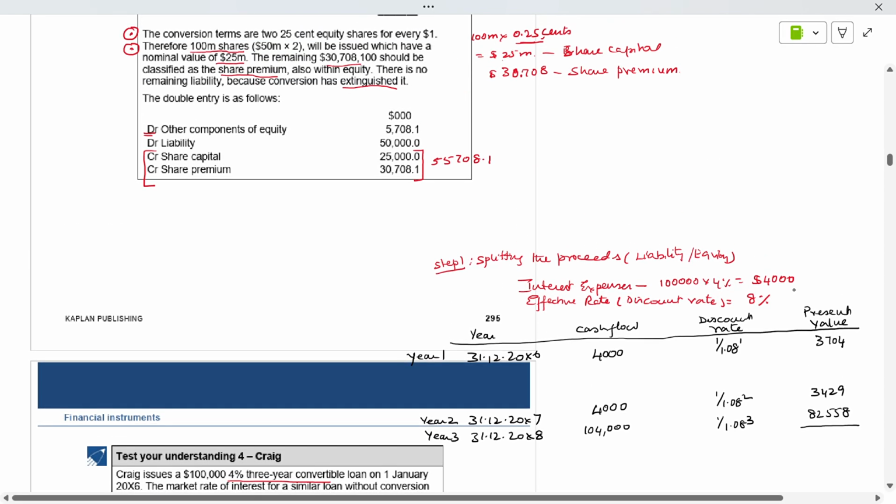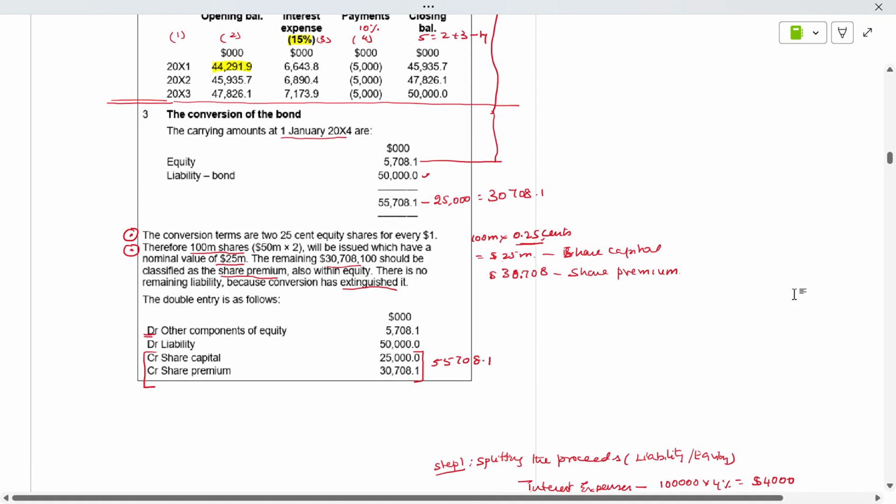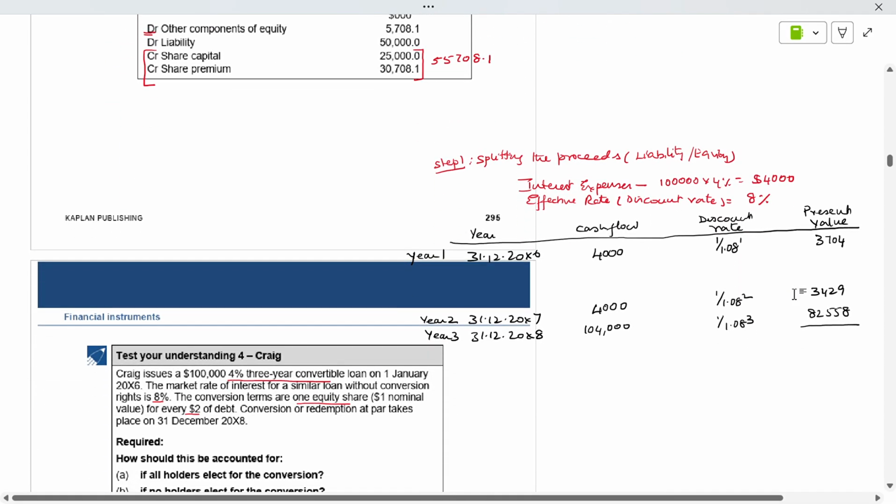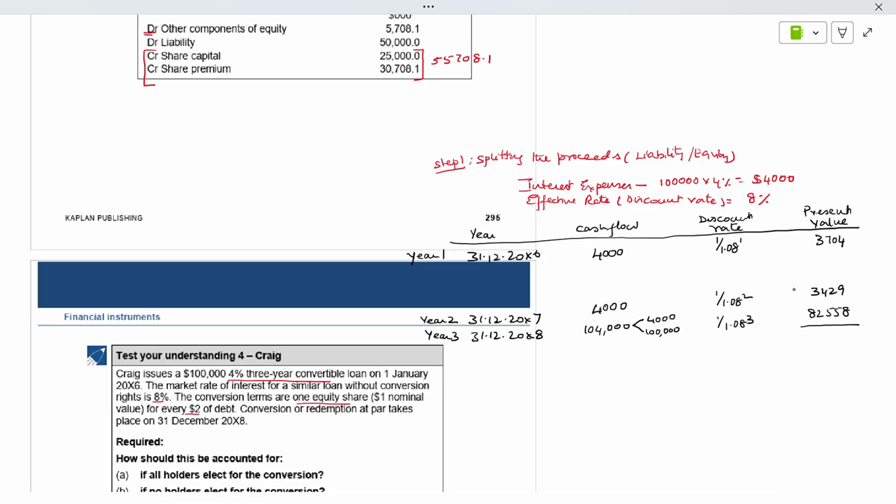Because in the last year we will have 2 inputs here, not 1. Yes, there are 2 inputs. 4,000 is there, 100 is there. Are you clear about this? Yes, doctor.